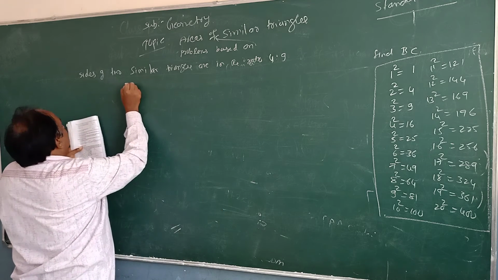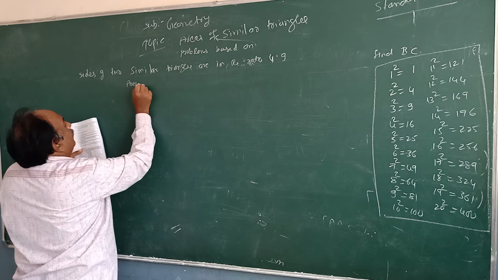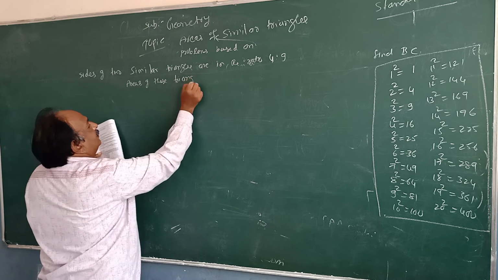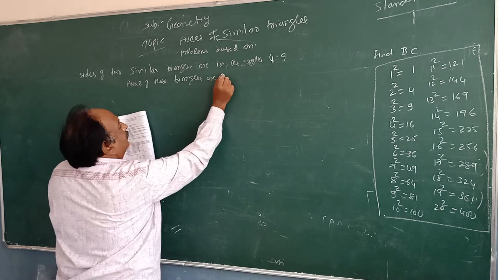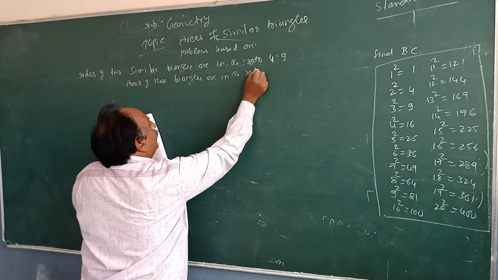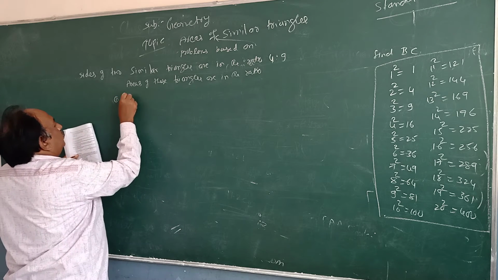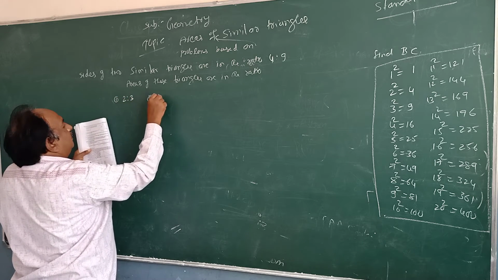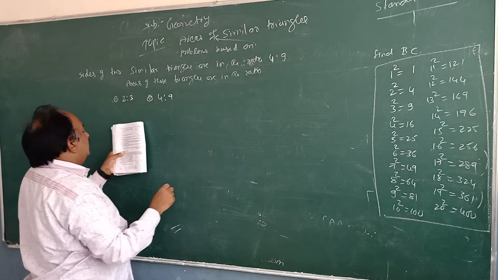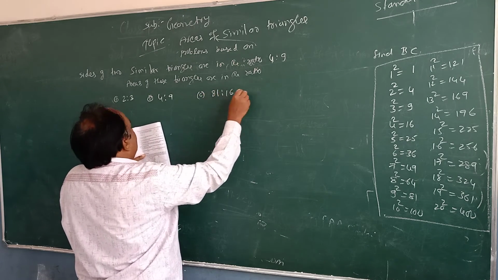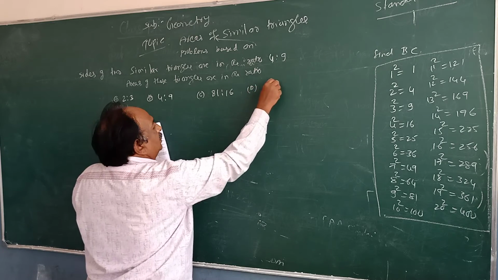Areas of these triangles are in the ratio. Option A 2:3, option B 4:9, option C 81:16, option D 16:81.